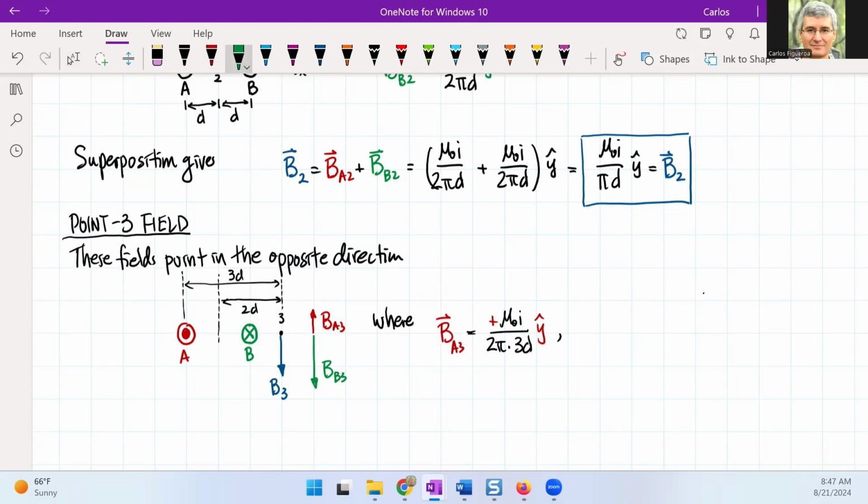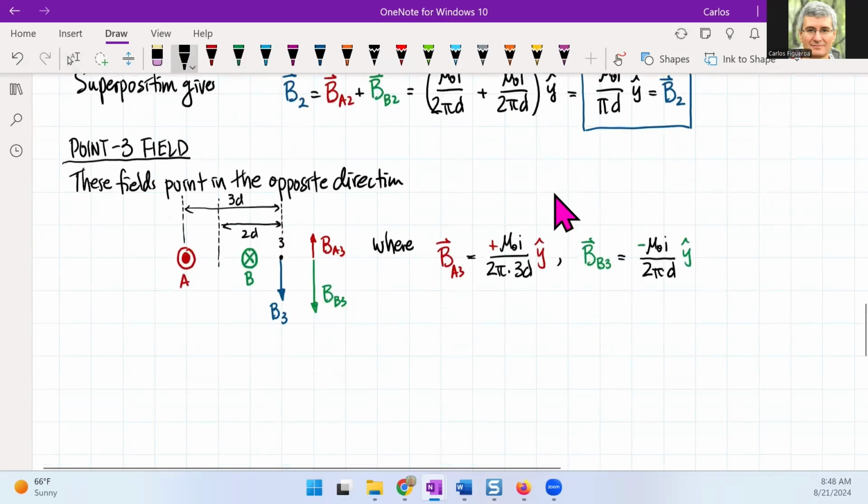But if I look at the field at B3, this will then be mu naught I over 2 pi d, but this is in the negative y direction.